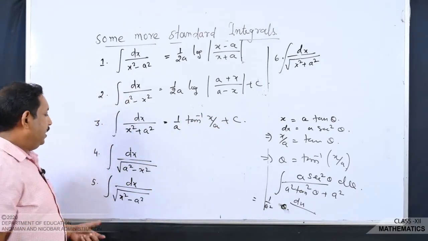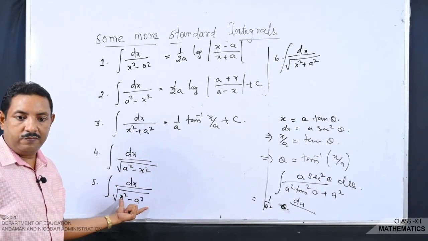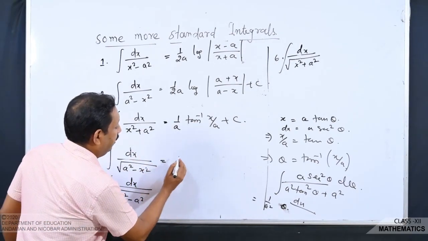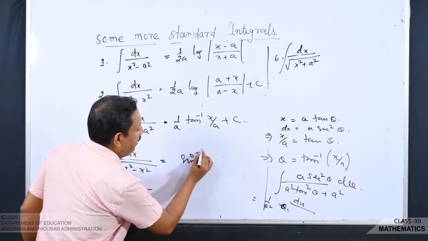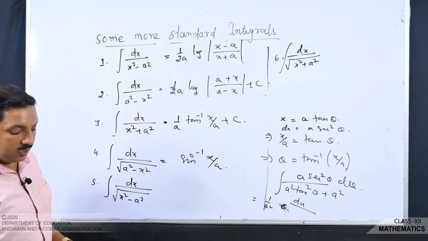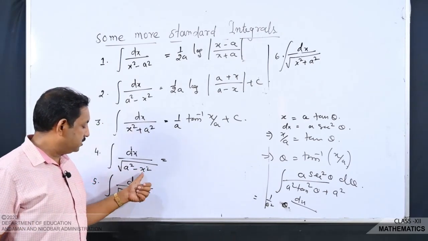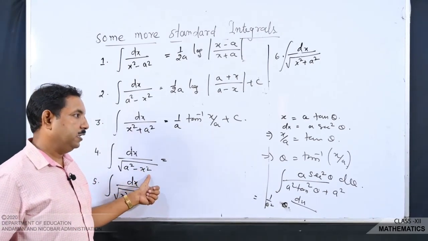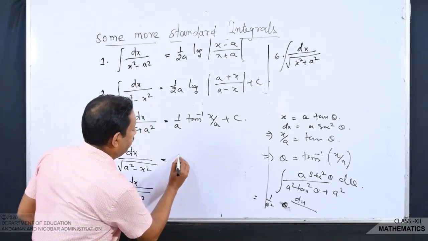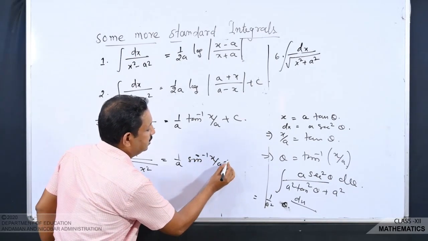So this way you can find the integration of this one and this one as well. Integration of this part will give you sine inverse x by a. For this part, we simply put x equal to a sine theta, and after calculating in the same procedure you will get sine inverse x by a plus c.